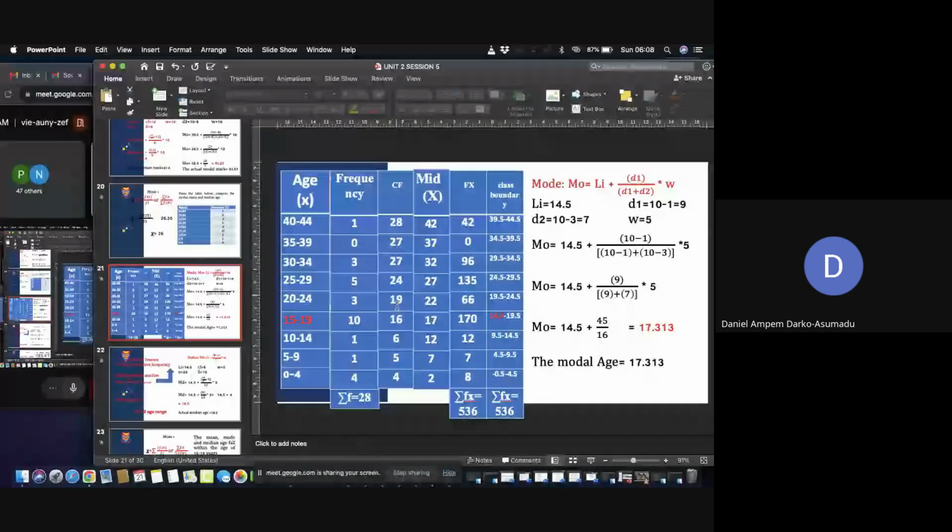So now, when you want to find the 14th position, it's not a matter of adding anything again. Just go within this column and locate where the 14th position can be found.